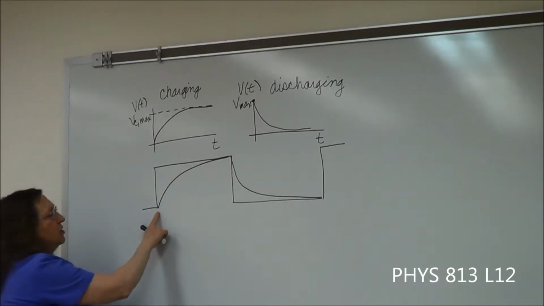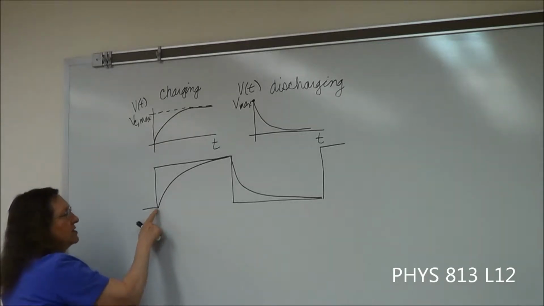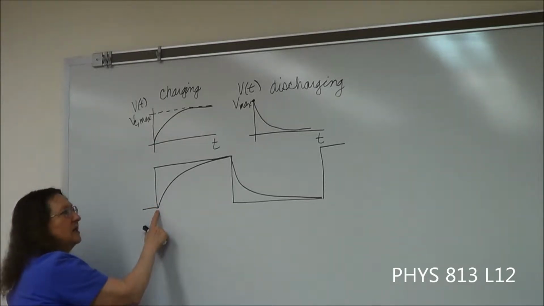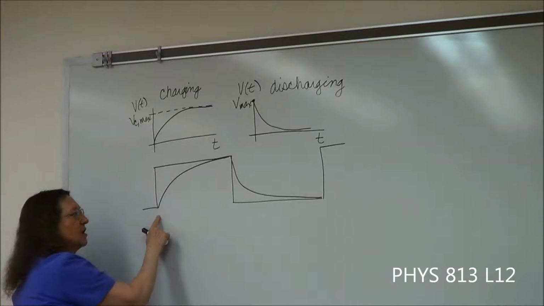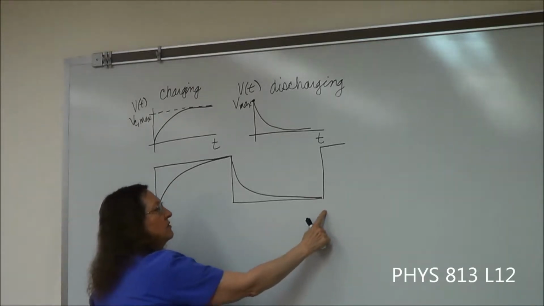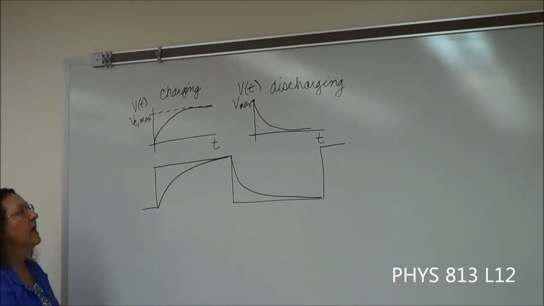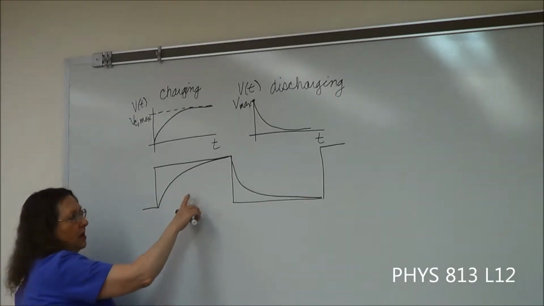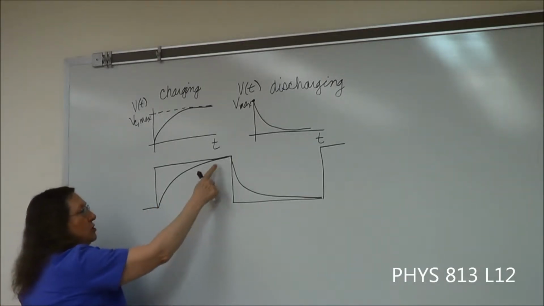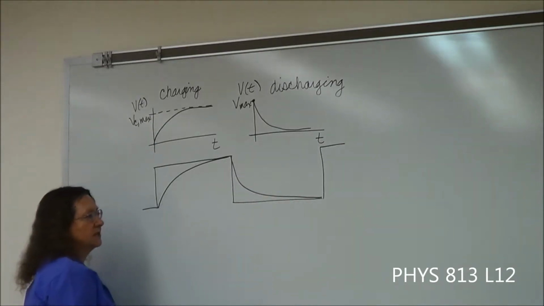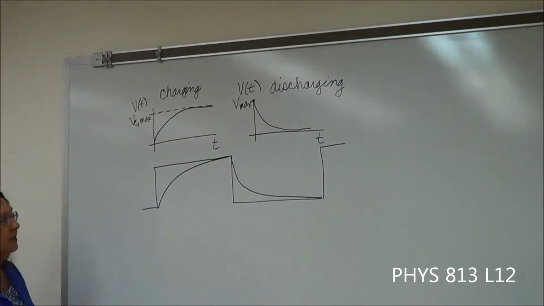So if we look at our square wave, starting with here, this is the beginning of a period. From here all the way over to here is one period of the square wave, and that will cover our charging and discharging processes. That's what we want to happen.